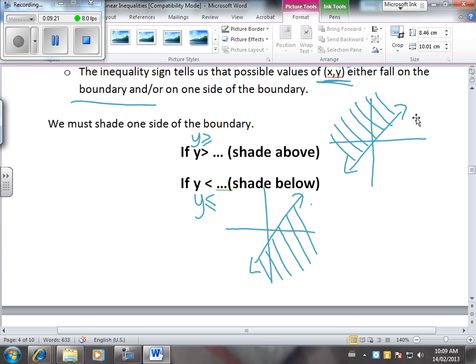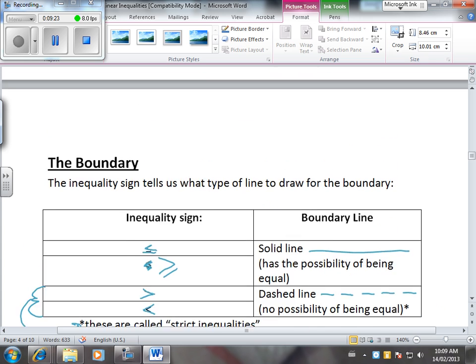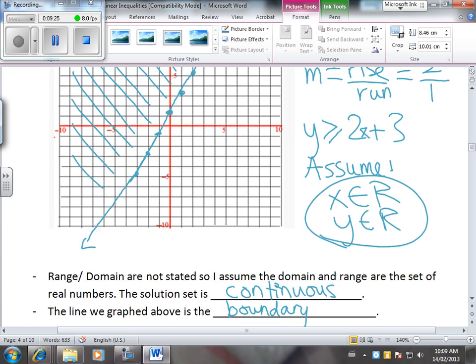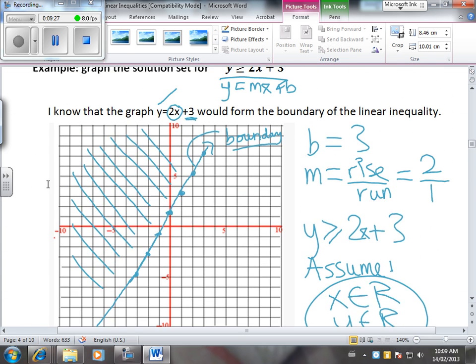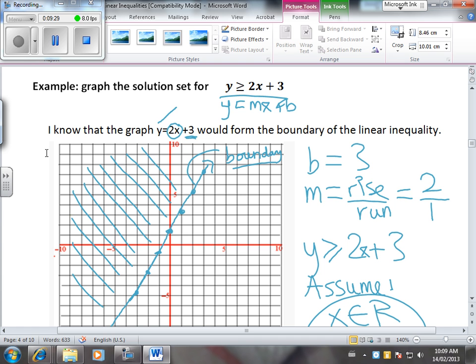And again, if we go back to our example on the last page, you'll see that our inequality was y is greater than or equal to 2x plus 3. So the greater than or equal to tells us both that our line will be solid and that we shade above the line.